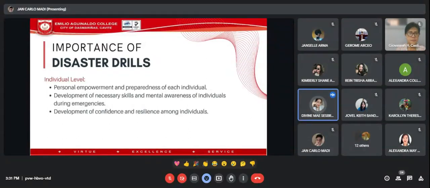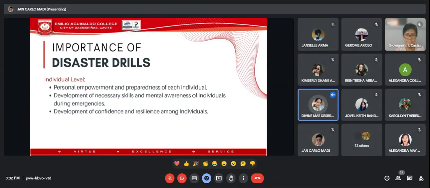Okay, so next naman po is the importance of disaster drills. So before that po, we categorize this into three po. We have the individual level, the community level, and the administrative level. So sa individual level po, yung emphasis nito is nandoon sa actions and preparedness ng mga individual people.